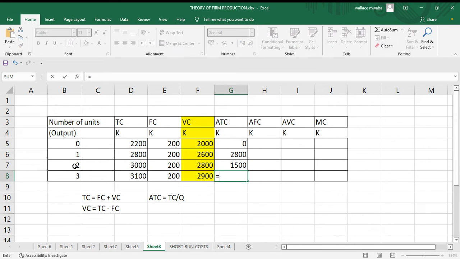Then 3,100 divided by 3, we get 1,033.3. We found our average total costs.